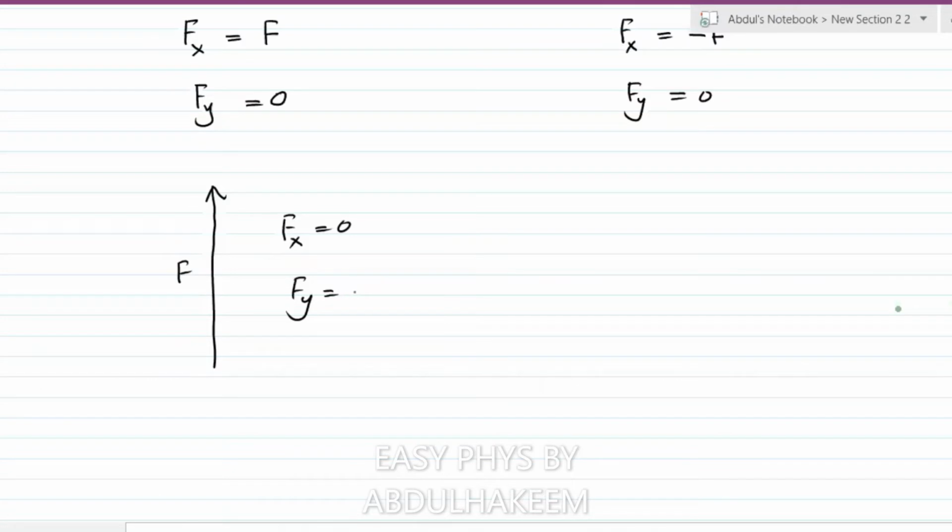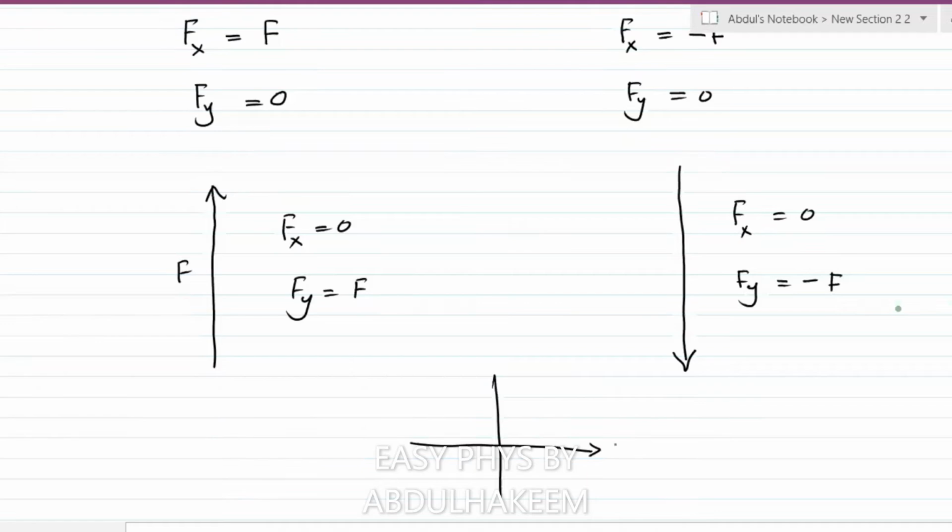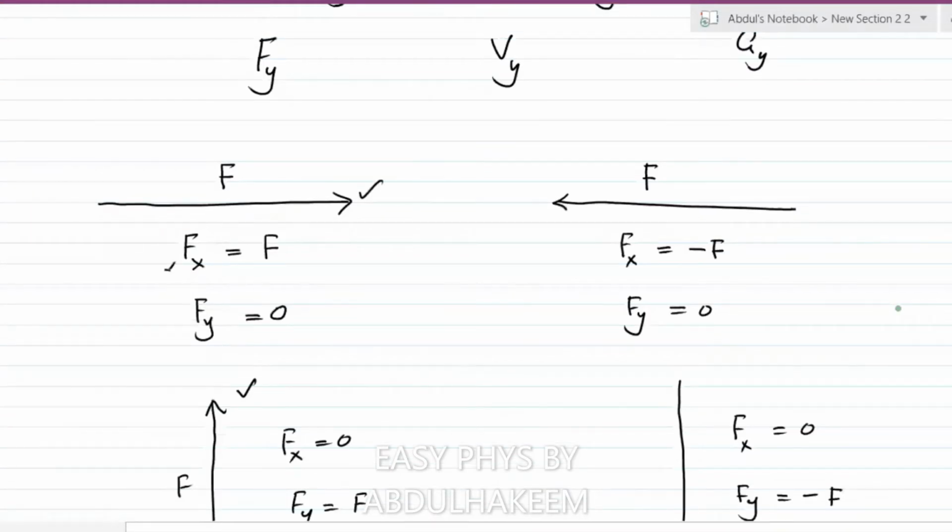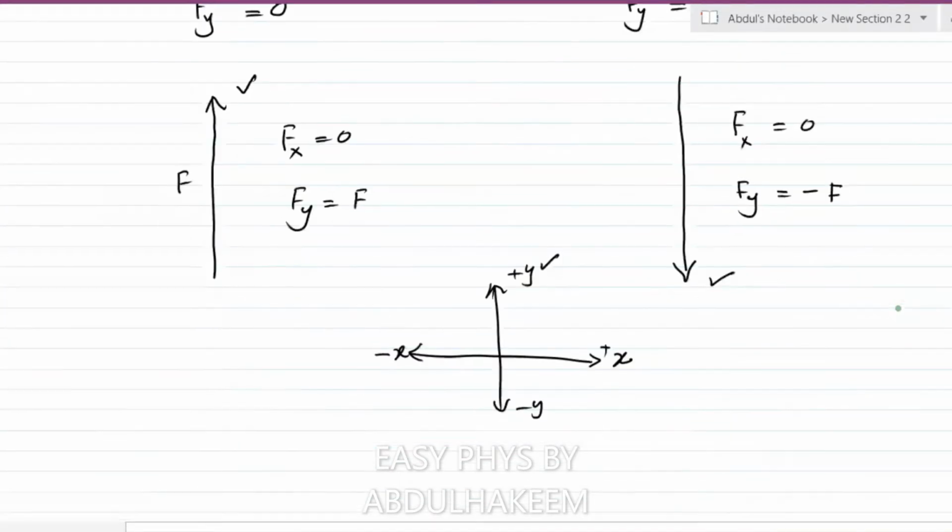Fy will be F. If the vector is drawn downward, its x component is 0, and its y component will be minus F. Do remember, according to the graph, this side x positive, this side x negative, up y positive, and down y negative. So upward y positive, downward y negative, right side x positive, left side x negative.